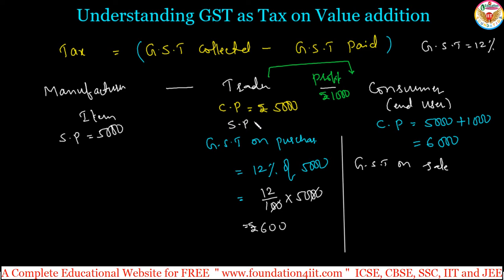Now the trader sold with profit at 6,000 to the consumer. So GST on sale is out of 6,000, at the same 12%: 12 by 100 into 6,000, which is 720.